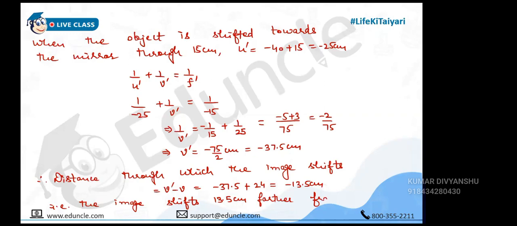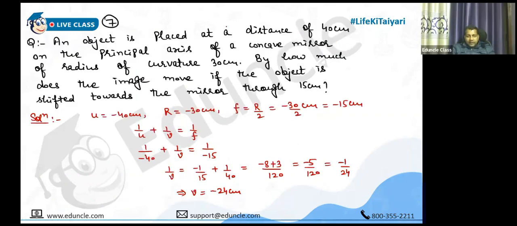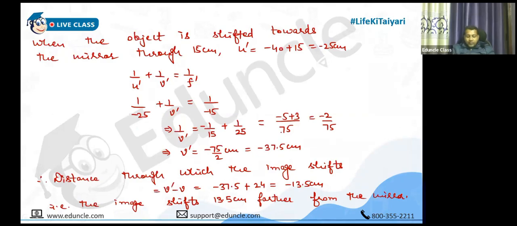Now it has become more negative. So it means it has moved away from the mirror. And if it becomes less negative, it means it is moving towards the mirror. Okay. Clear or not? Yes, sir.